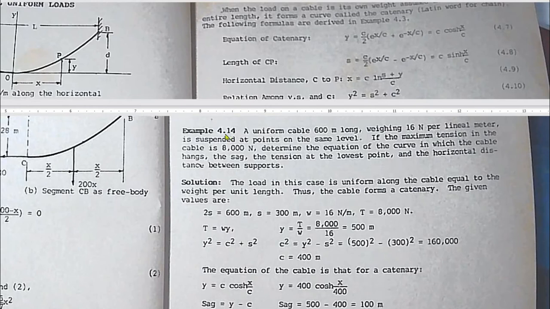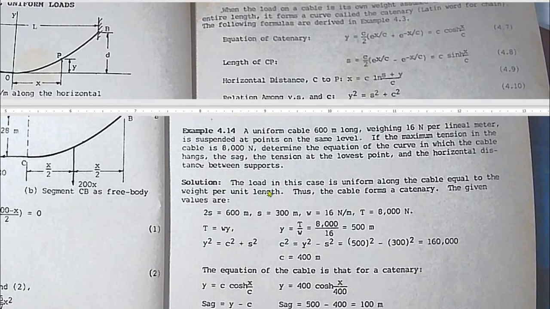So at example 4.14, a uniform cable 600 meters long, weighing 16 Newton per linear meter is suspended at points on the same level. If the maximum tension in the cable is 8,000 Newton, determine the equation of the curve in which the cable hangs, the sag, the tension at the lowest point, and the horizontal distance between points.